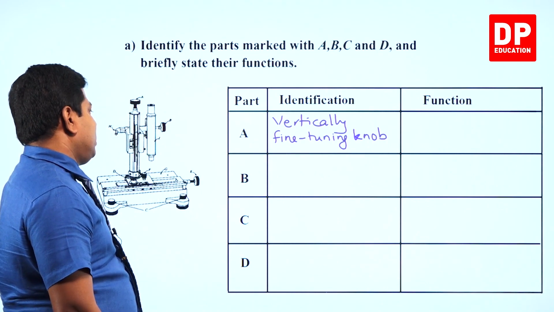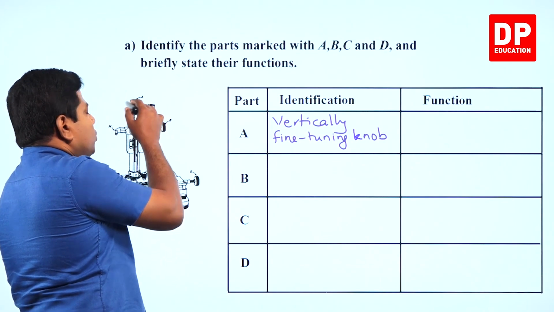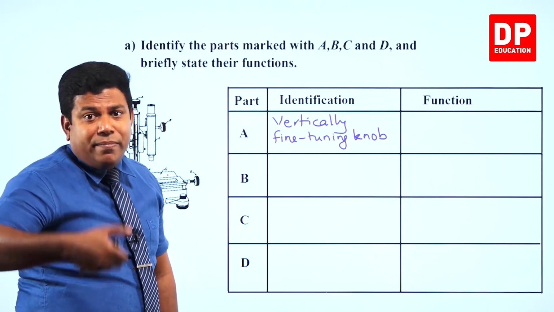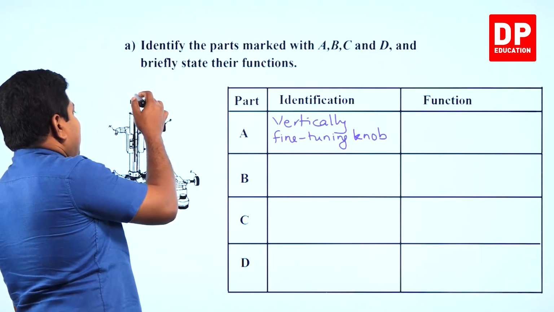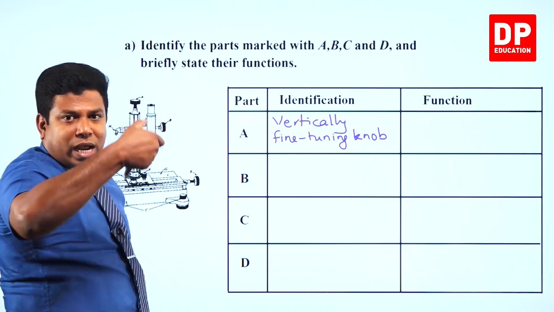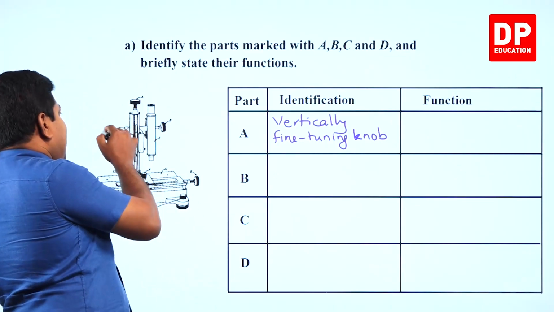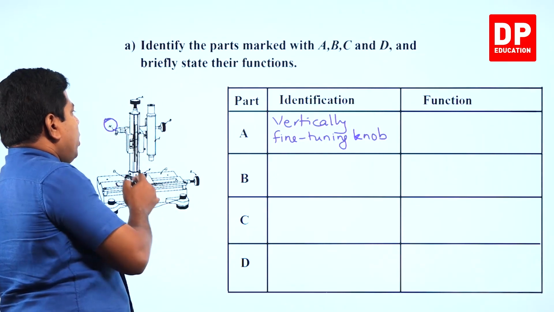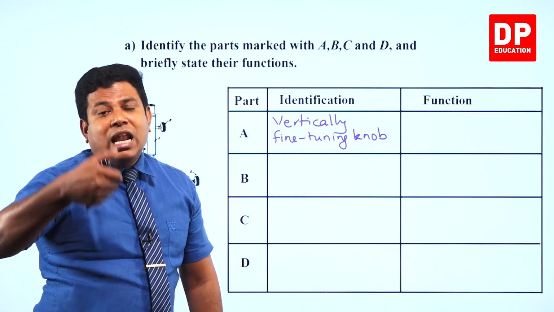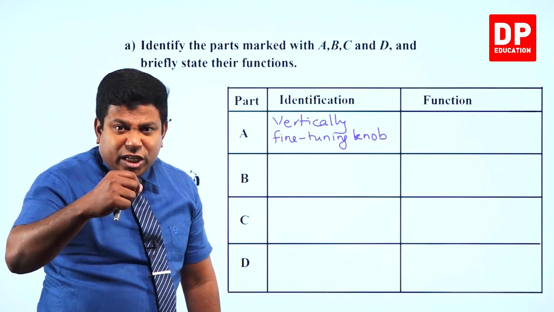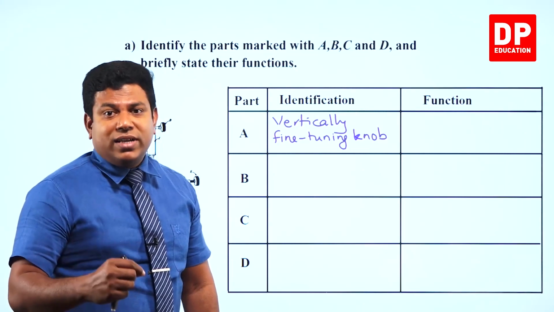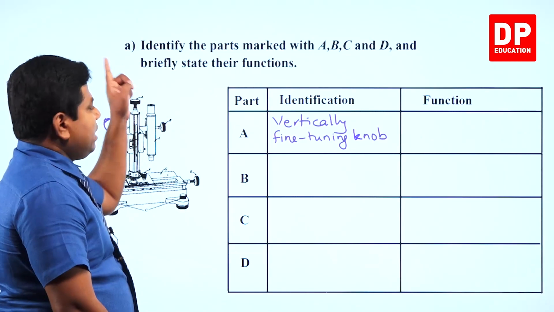What is the function of that? This is used for fine-tuning vertically. If you want to shift it by a larger distance, you don't use this A. What do you do? You loosen this H and then lift it up. You can lift it manually up and down if you want to move it by a larger distance. But when you have got the approximate image and still want to get a clearer image, you do the fine-tuning with this knob.